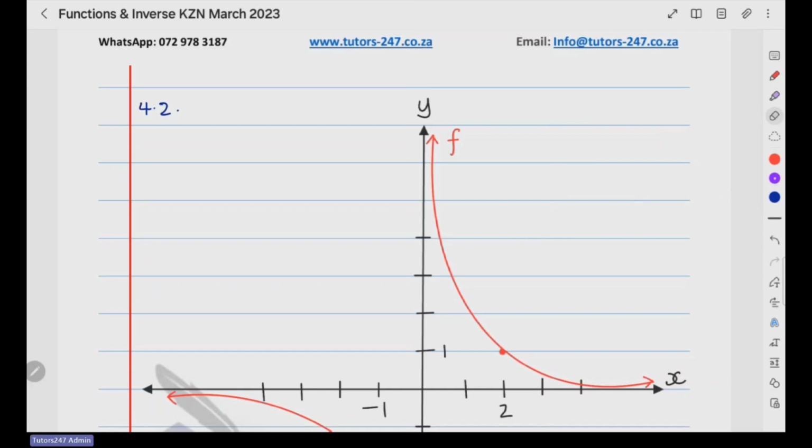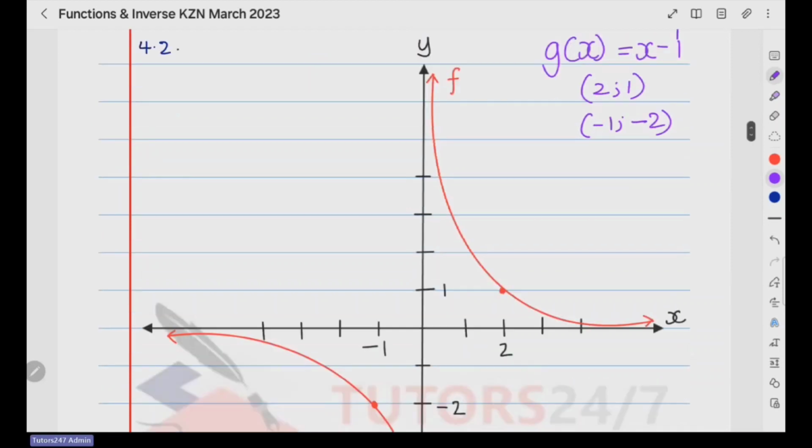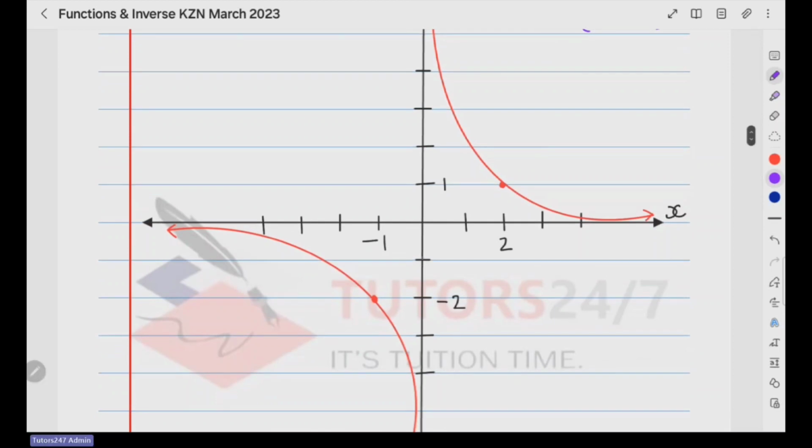Next, let us draw our function g. So g(x) is equal to x minus 1. We know that g passes through the coordinates (2, 1) and (-1, -2). In addition to that, we can see that g has a y-intercept at -1. The constant is our y-intercept. So this is -1 over here.